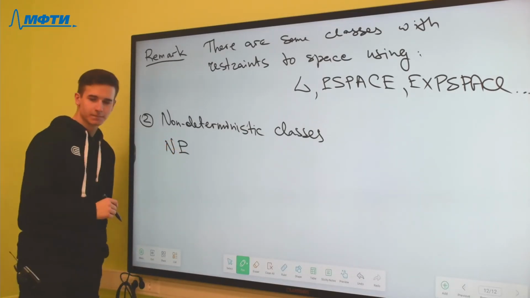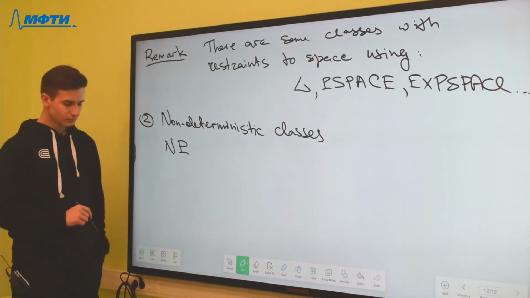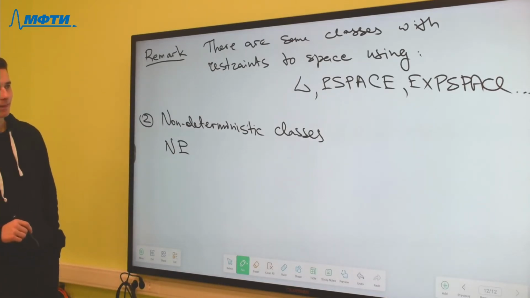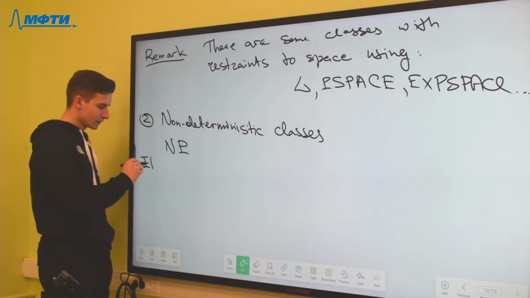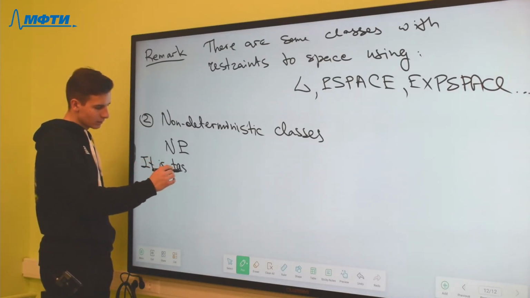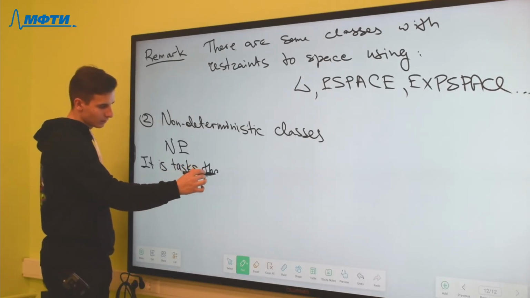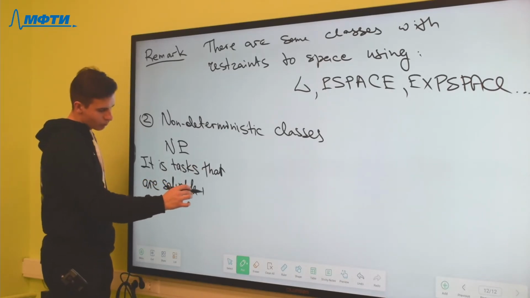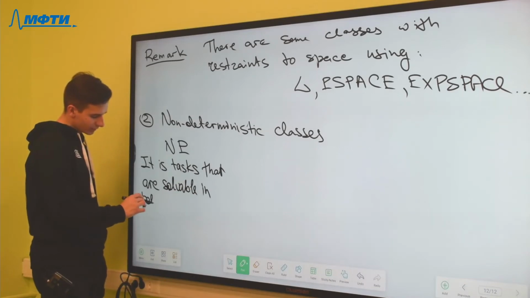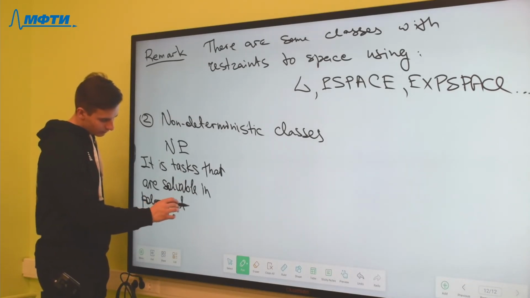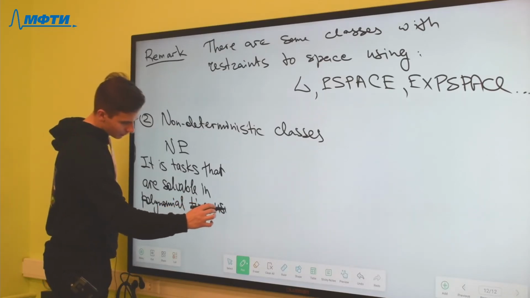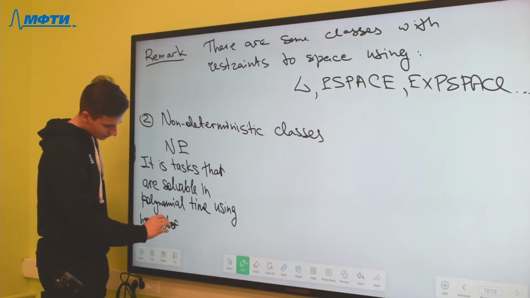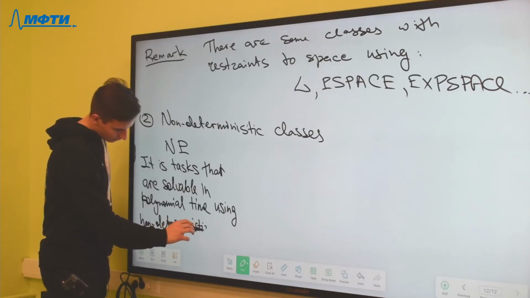First, NP. These are tasks that are solvable in polynomial time using a non-deterministic Turing machine.